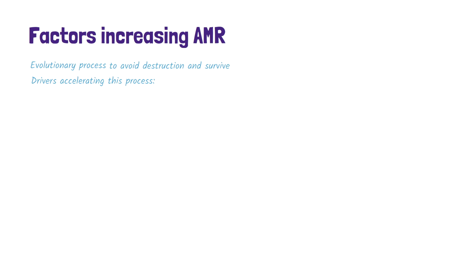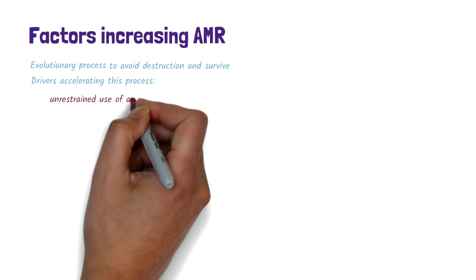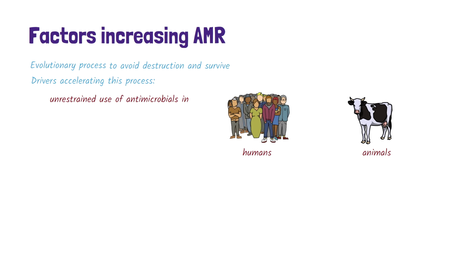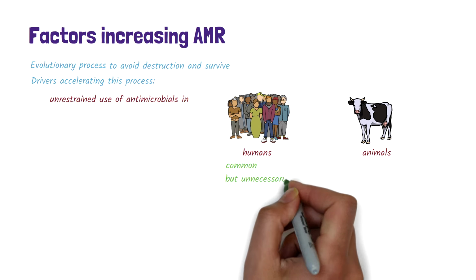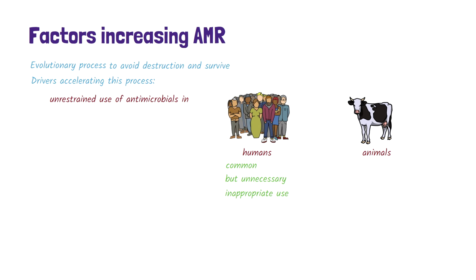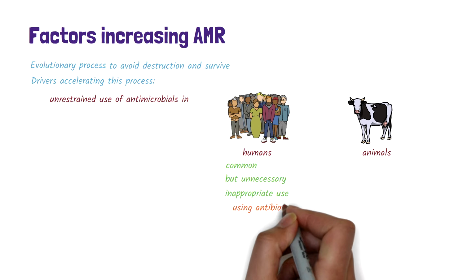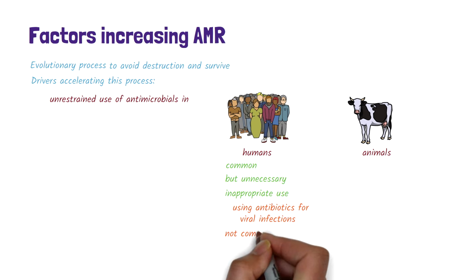The main driver for AMR is the unrestrained use of antimicrobials in humans and animals. Antimicrobials are one of the most commonly prescribed drugs for people, but unnecessary and inappropriate use is common. For example, using antibiotics for viral infections or not completing the full course of the medication.